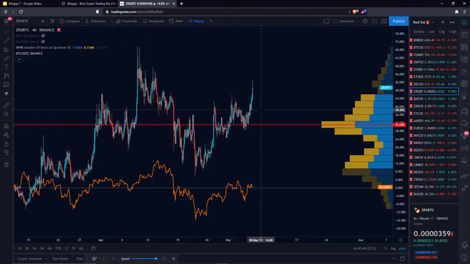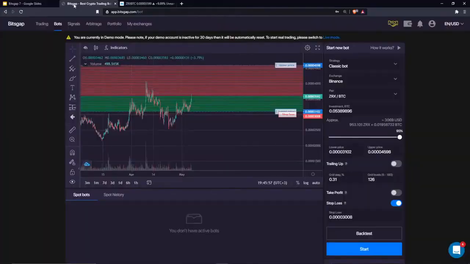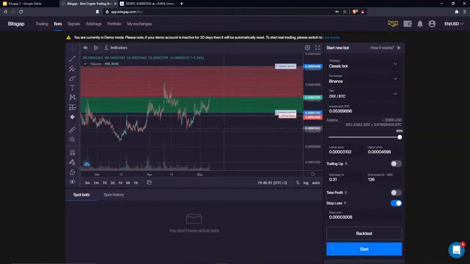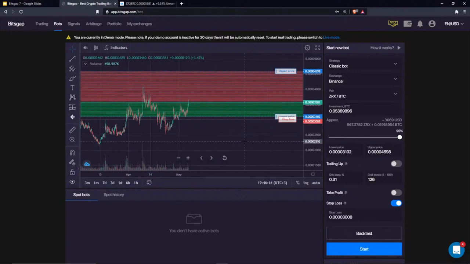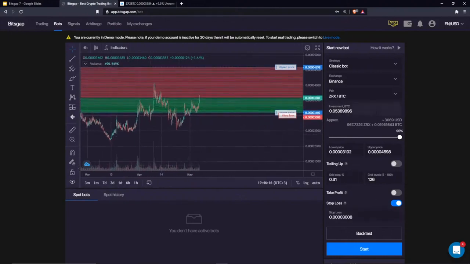As they are telling me that the market sentiment is bullish, I just launch the bot, and I always make sure that my stop loss is below the key support line. That way, if the price falls, at least I have a minimized, limited loss. So never forget about the stop loss.